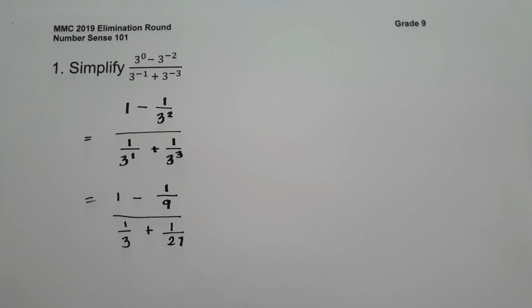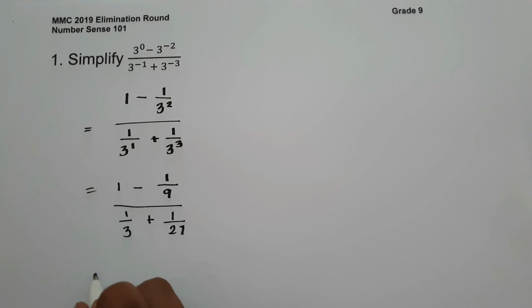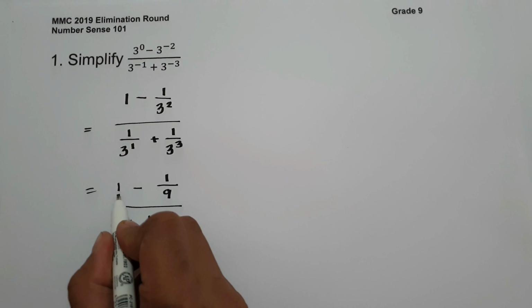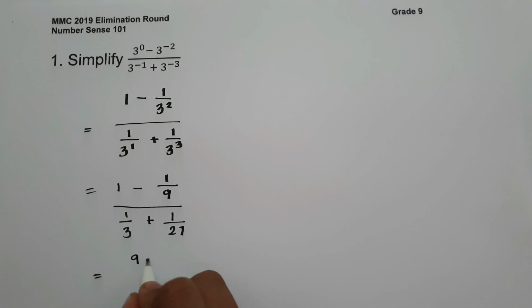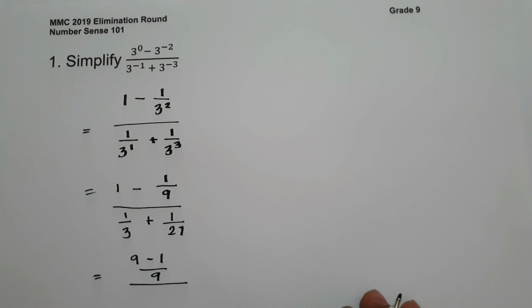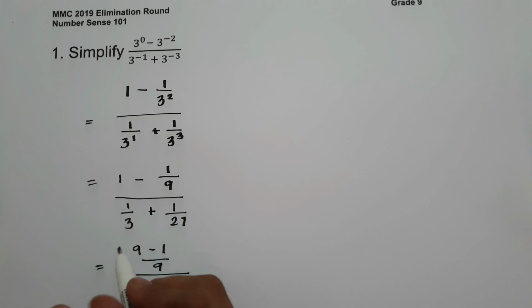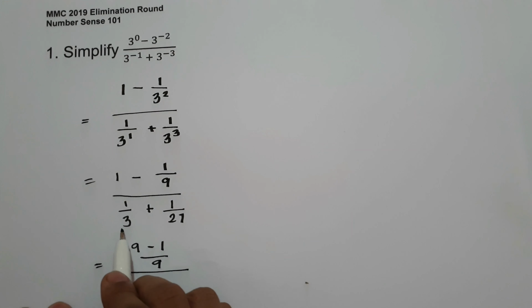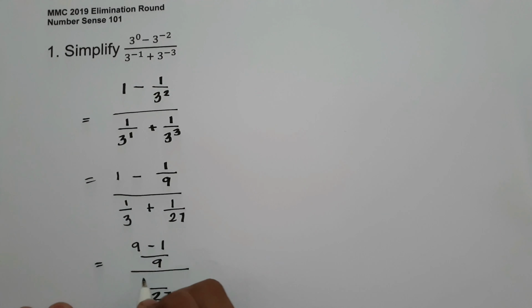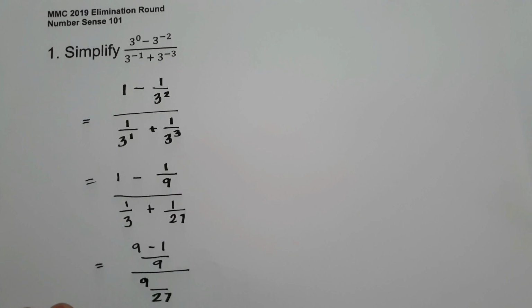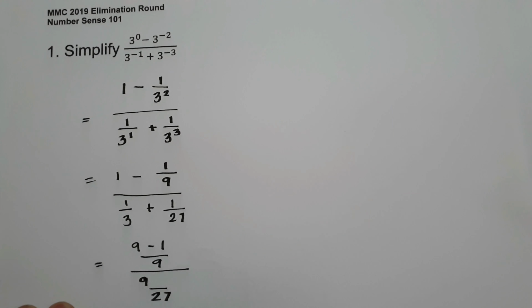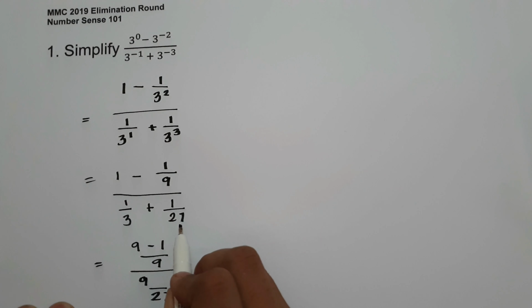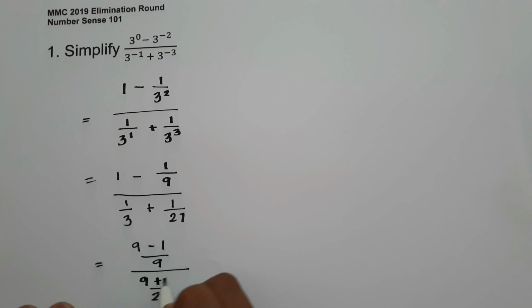And then we have 9 multiplied by 1, that is 9, minus 1 over 9, all over the LCM of 3 and 27, which is 27. 27 divided by 3 is 9, multiplied by 1 is 9. And then 27 divided by 27 is 1, multiplied by 1, that is 1.